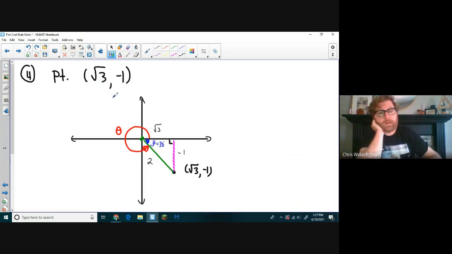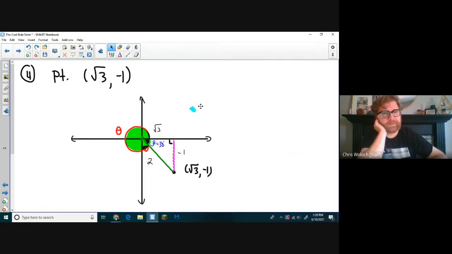So again, if we think about it, how do I come up with a formula for this? Well, think about it. If I go all the way around, that's 360. But if I want to get rid of this chunk here, then that'll give me the whole swing of theta.